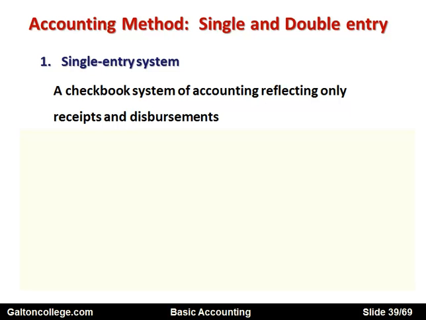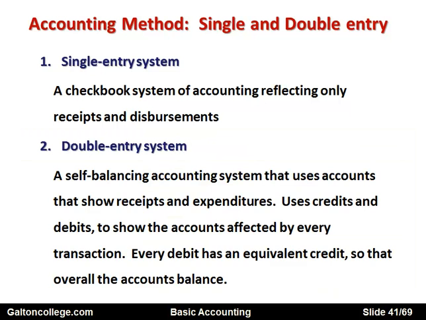Now, by contrast, the double entry system is a self-balancing accounting system that uses accounts that show receipts and expenditures, using credits and debits to show the accounts affected by every transaction. So every debit has an equivalent credit, so that overall the accounts must balance. The accounts must balance, otherwise there's something wrong.